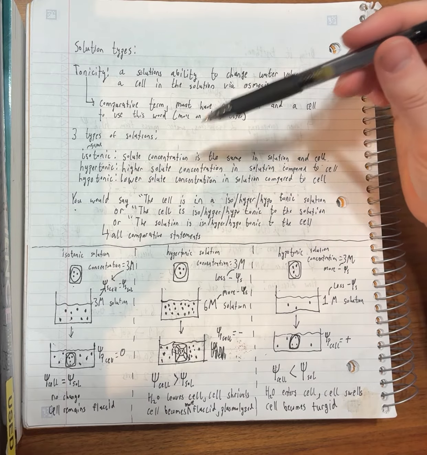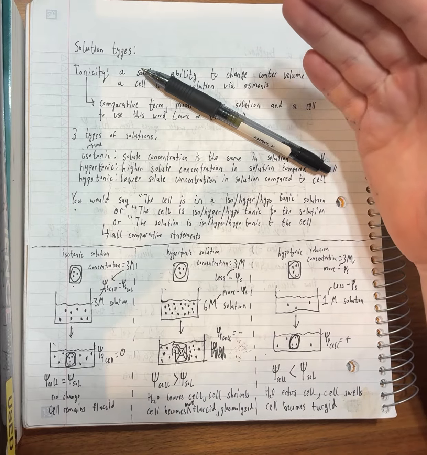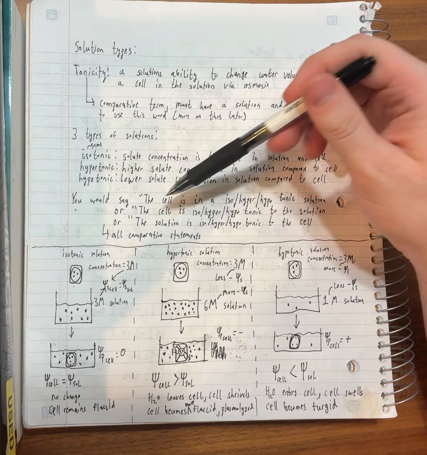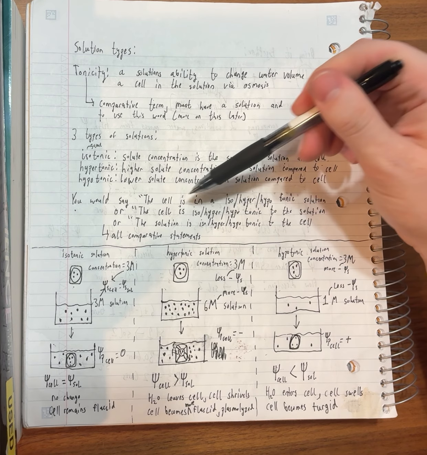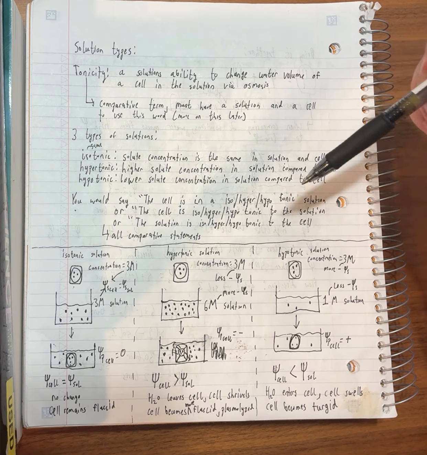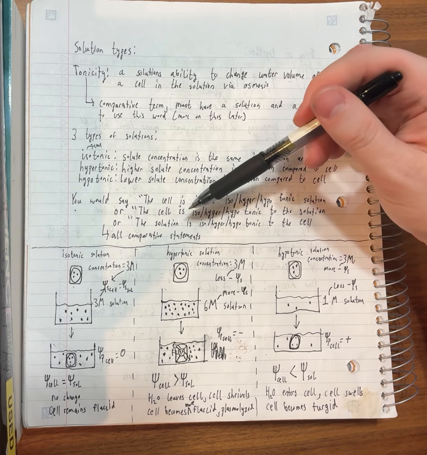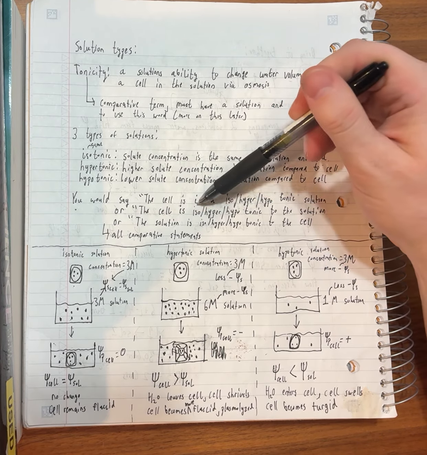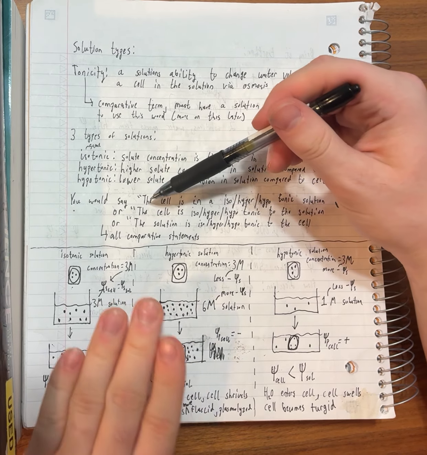So again, on the comparative terms, things you could say: I have a cell, and that cell is in an isotonic, hypertonic, or hypotonic solution. If I say the cell is in a hypertonic solution, that means the cell is in a solution that has more concentration than my cell. You could also say the cell is hypertonic to the solution. Now, be careful here.